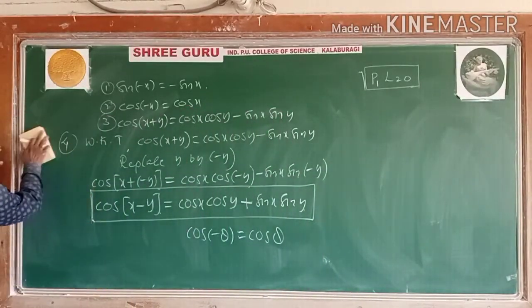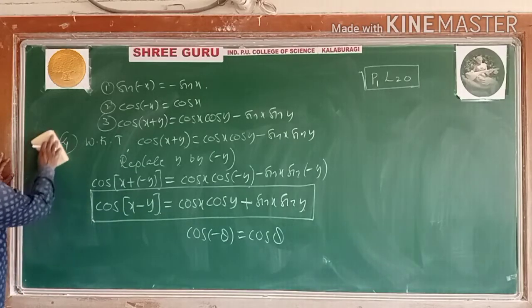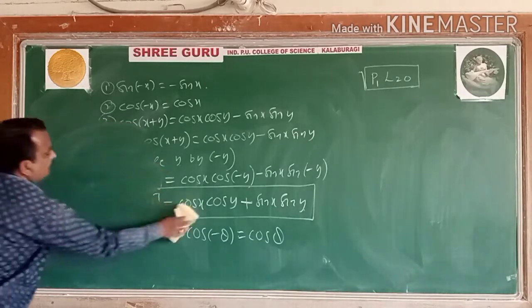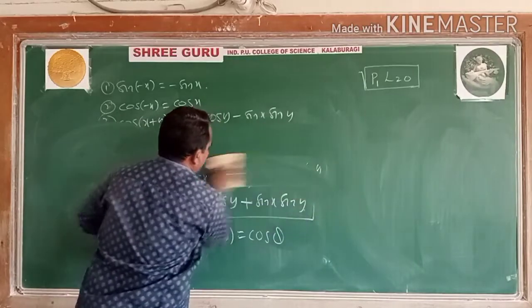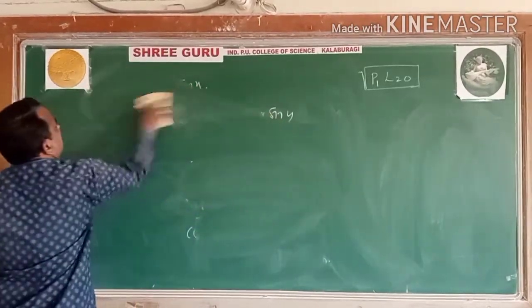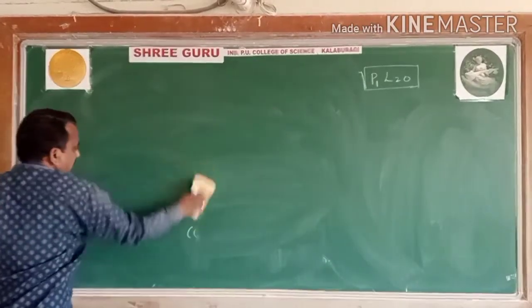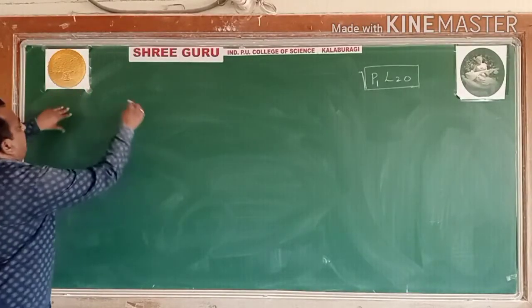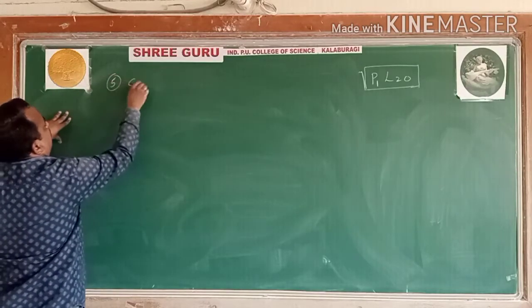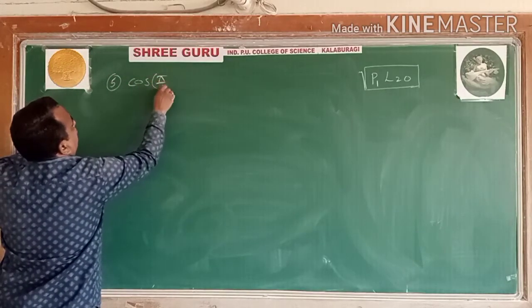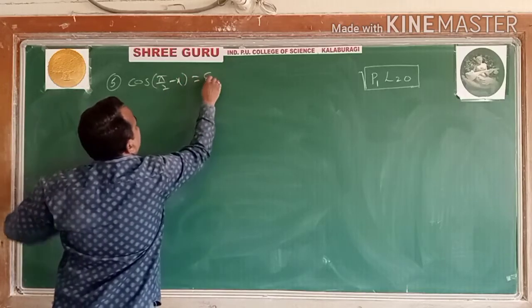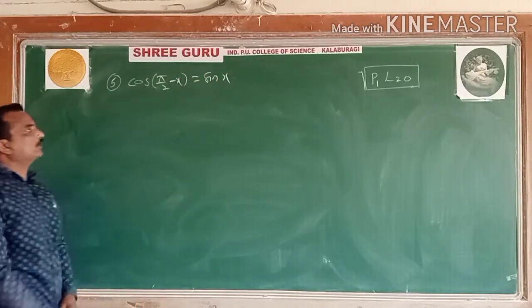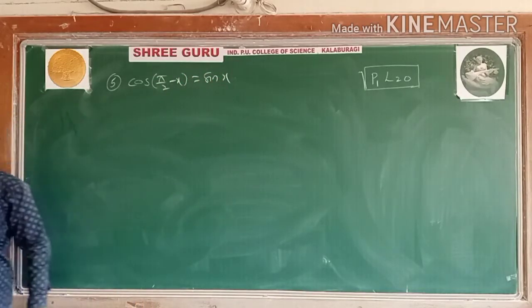Now see the next one. We will go for the sin of x plus y result. Using these two results, we will go for sin of x plus y. You know those very well. The fifth result I am using: cos of pi by 2 minus x is equal to sin x.